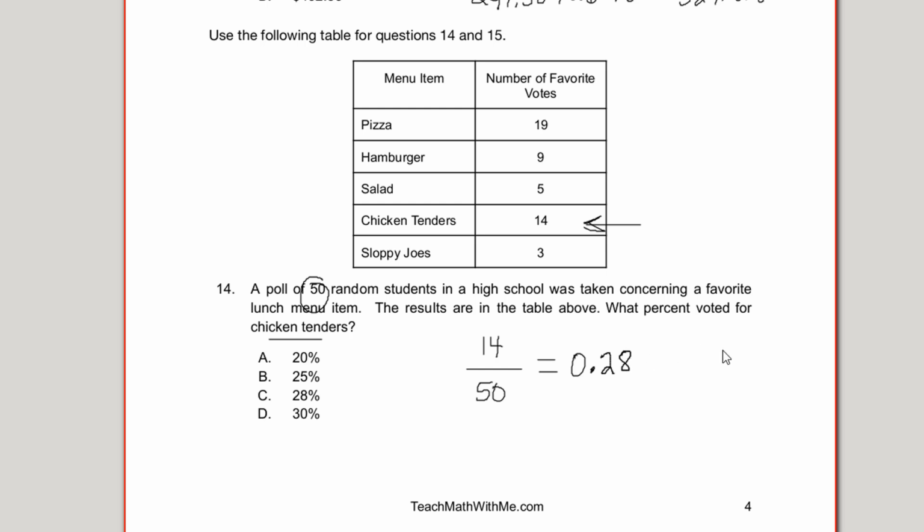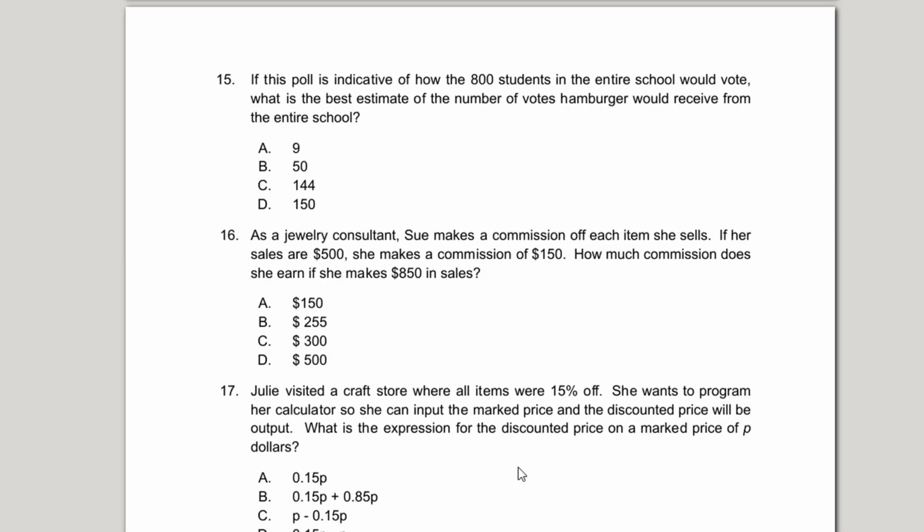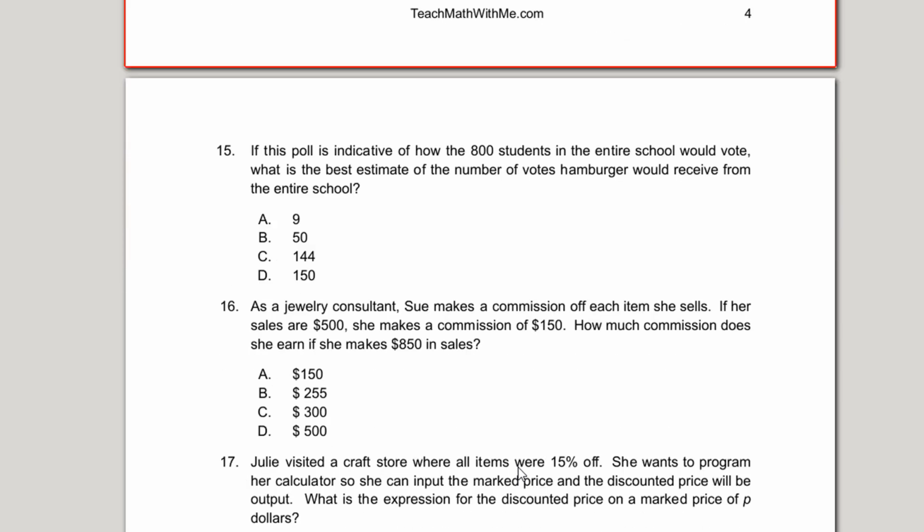Now in the previous problem, we went from a percent to a decimal. Now we're going to go from a decimal to a percent. So we're going to move the decimal point 2 places to the right, and we will have 28%, and that is answer choice C.